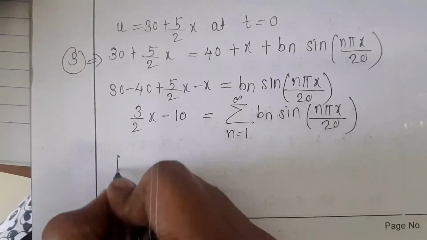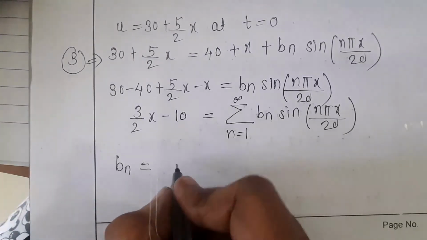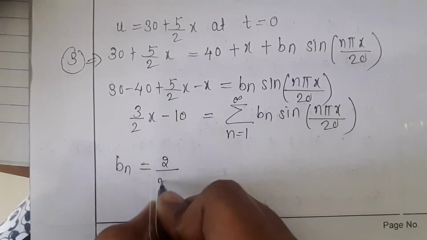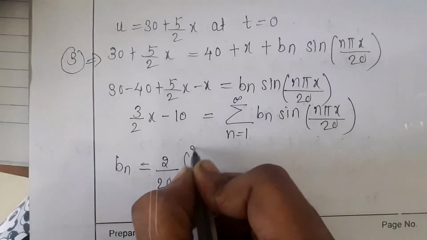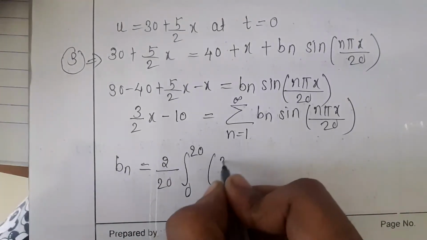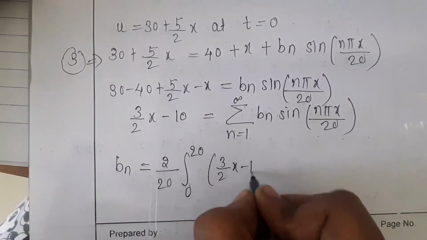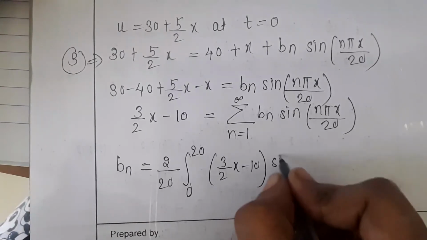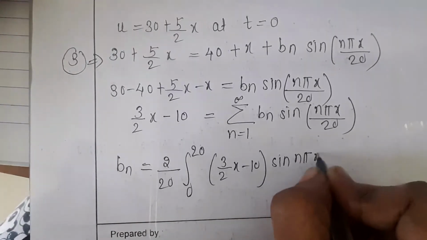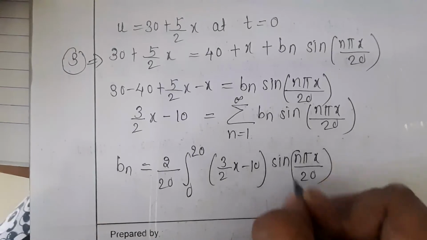To find out bn, we use bn is equal to 2 by l. L value is 20. Integration 0 to 20, f of x is 3 by 2 x minus 10 multiplied by sine of n pi x by 20 into dx. So simplify it further.